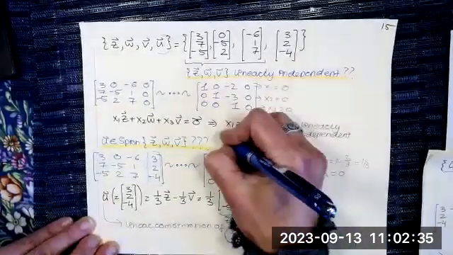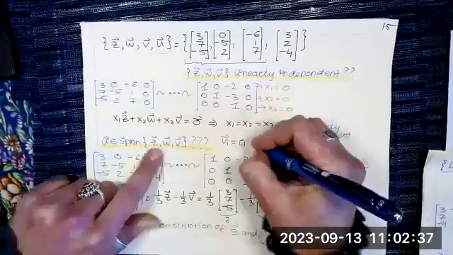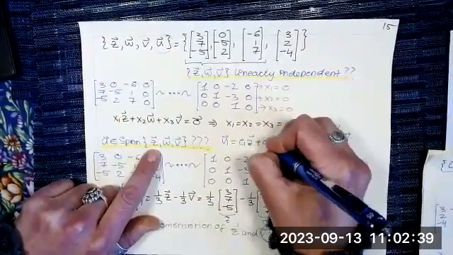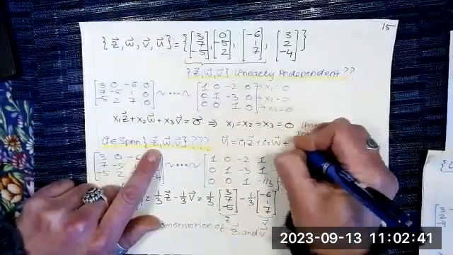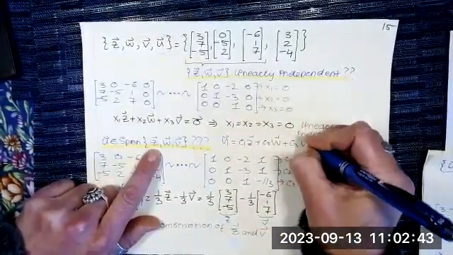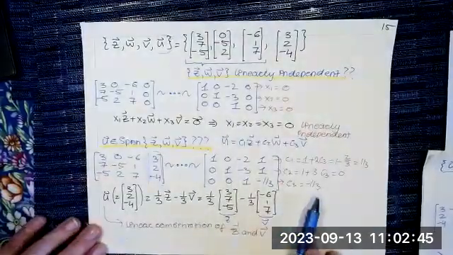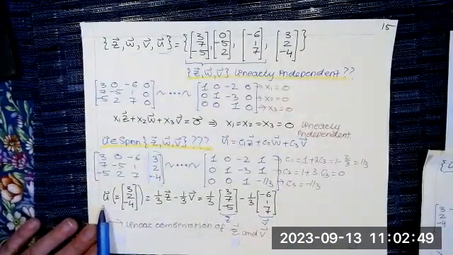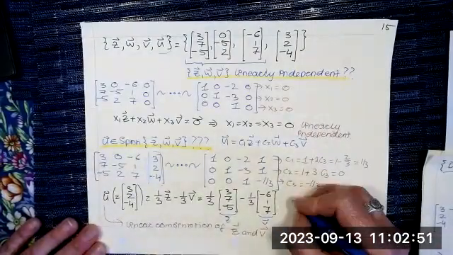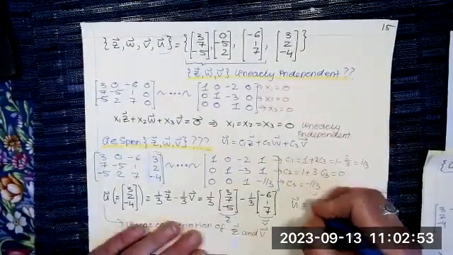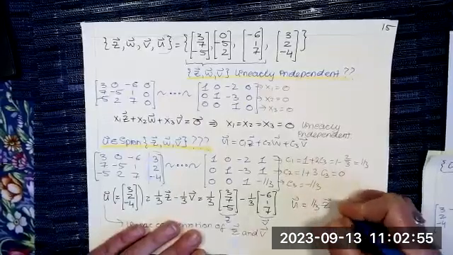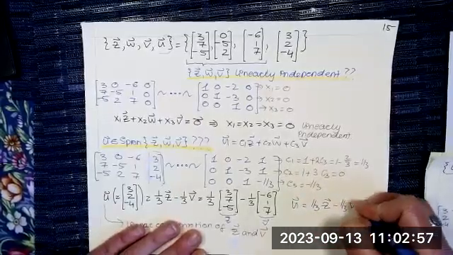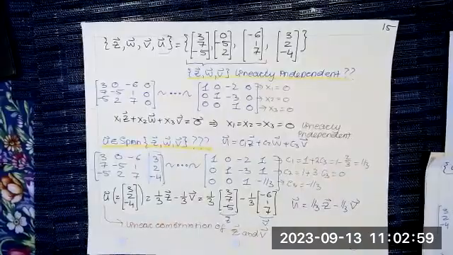So again, I'm getting that U equals C1 times Z plus C2 times W plus C3 times V. Solving for C1, C2, C3, I get my linear combination for U. So U will be equal to 1/3 times Z minus 1/3 times V. That makes sense?